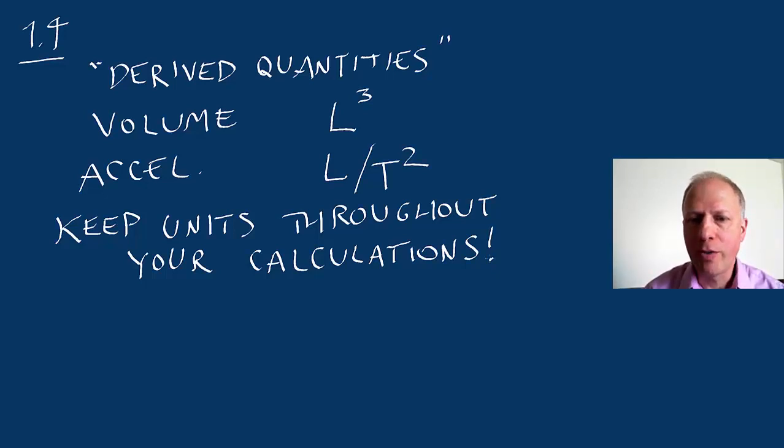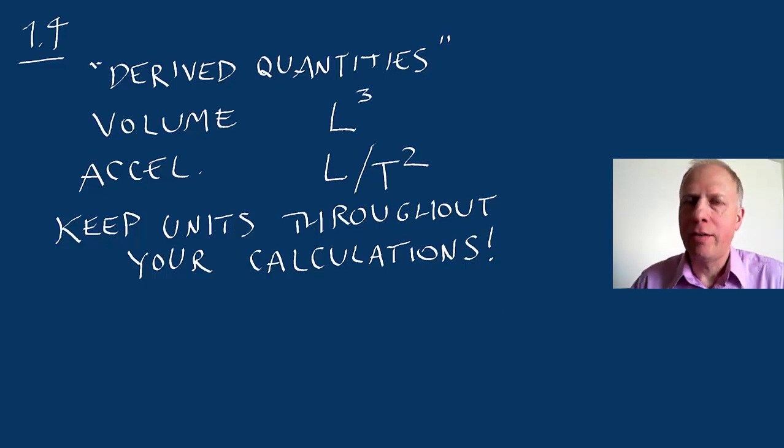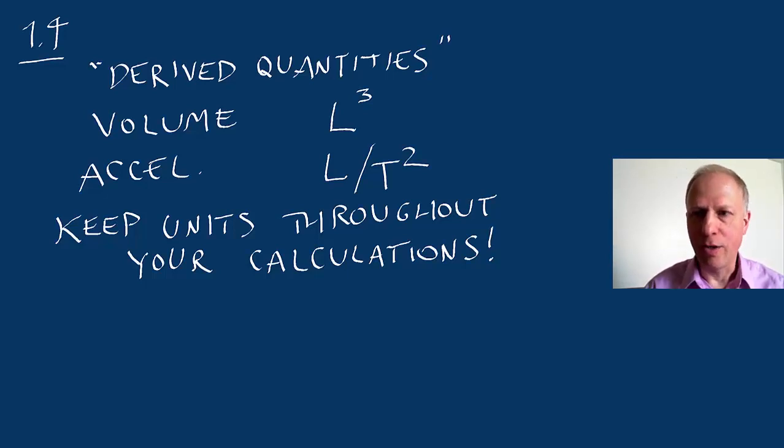A much better approach is to keep track of the units and make sure that the units do come out to be what you think they should be at the end. For example, if you're figuring out the mass of the elephant and you find that it's 15 seconds, it means you've made a mistake, and you should go and find the mistake. Don't just write 15 kilograms and go on.